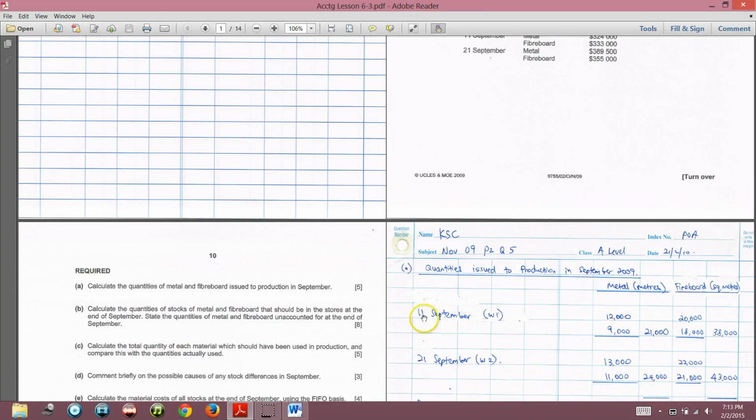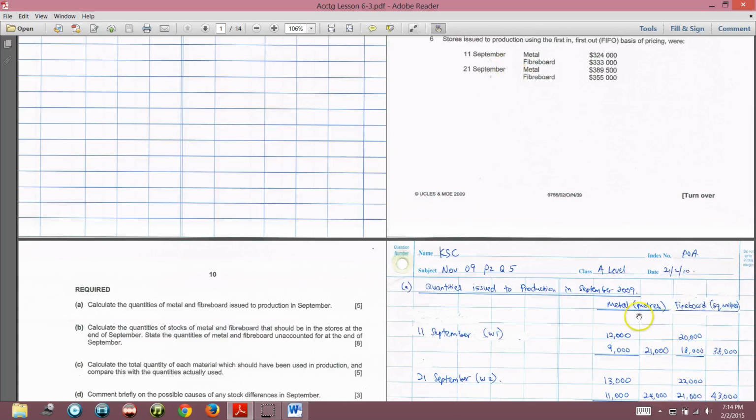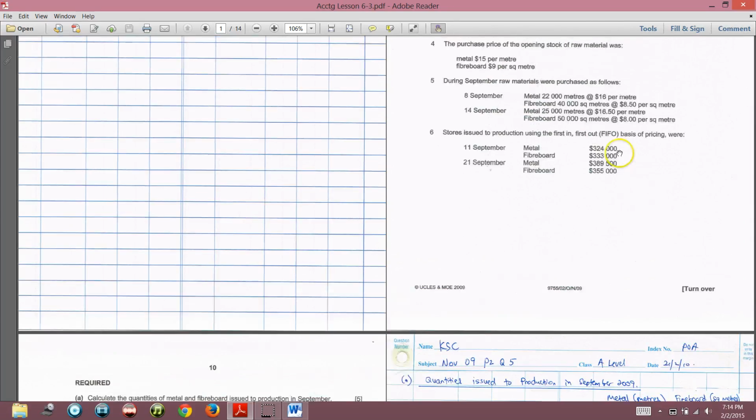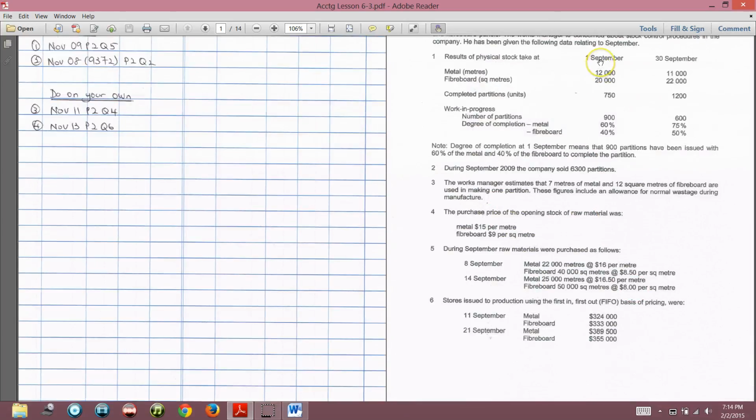So I put here 11 September, and then I leave quite a lot of space. I can even leave more space. And then there's another one at 21 September, and then there's metal and fiberboard. On a first in, first out basis, issued to production, you see the purchase price of opening stock means opening stock at 1st September is so much.